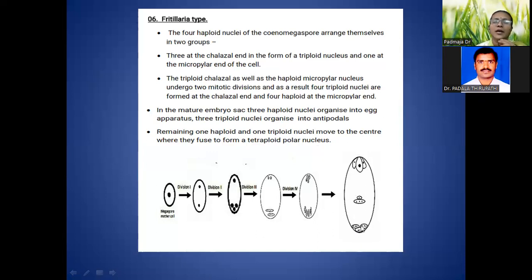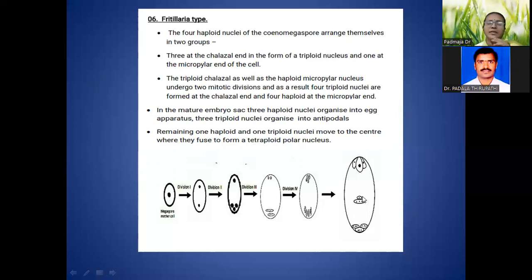Here one triploid, here three triploids are present. And at the center, one haploid and the triploid nucleus is present. Triploid means three nuclei are present, and one haploid. The total polar nucleus consists of 4n condition.